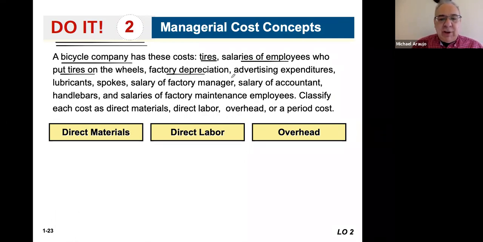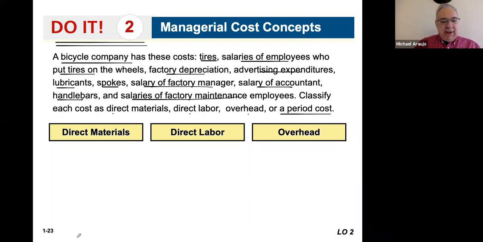Factory depreciation, advertising, lubricants, spokes, the salary of the factory manager, the salary of the accountant. You need handlebars. Well, that'd be a very interesting bike with that one. And the salaries of the maintenance employees. So, how would we classify them according to direct material, direct labor, manufacturing overhead, or is it a period cost?